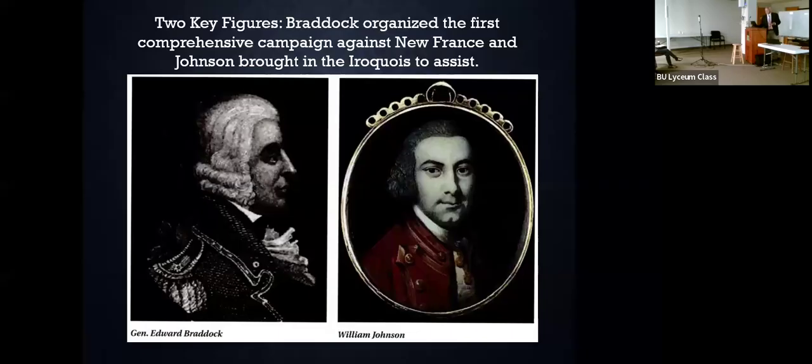Now, the instructions basically that are given to Braddock initially are get the French out of the Ohio Valley, all right, get up to the forks, as it's called, the Monongahela, Allegheny, Ohio River connection, and to go up along Lake Champlain and destroy the French forts that are there, that are beginning to push the English boundaries south, because the British did not have a strong presence up there.